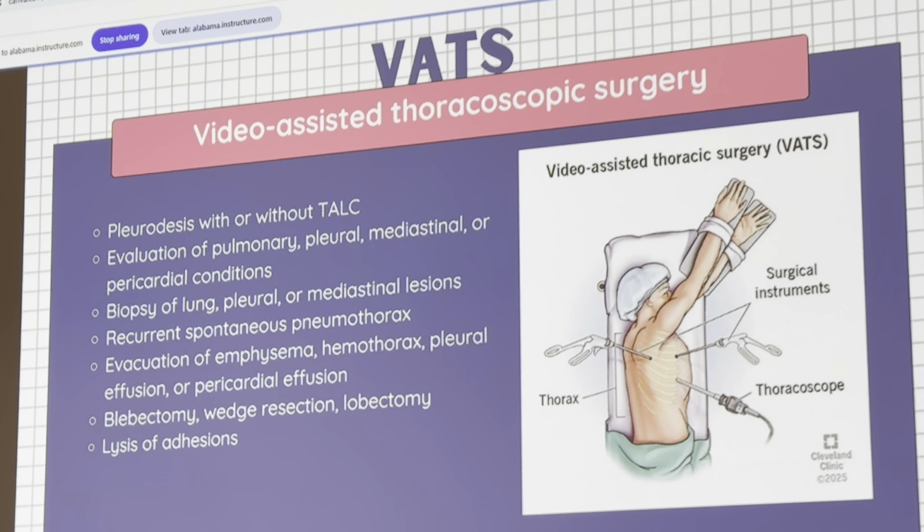It's kind of a slurry paste almost of talc that you're going to put within the intrathoracic cavity. It's going to cause a significant amount of inflammation and scarring. It's going to kind of damage that space. And as that inflammation and scarring occurs, it's going to create kind of like a seal right there.